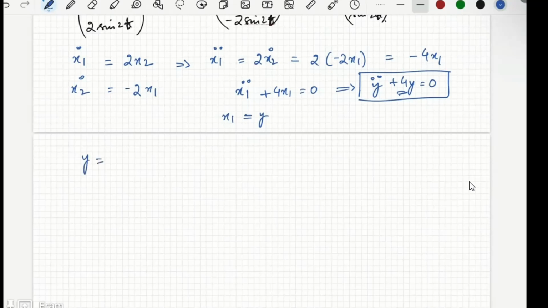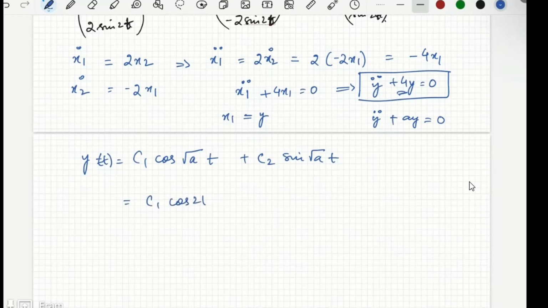If we have y double dot plus a y equals 0, the general solution is c1 cos of square root of a t plus c2 sine of square root of a t. In our case, a is 4, so y(t) is c1 cos 2t plus c2 sine 2t.